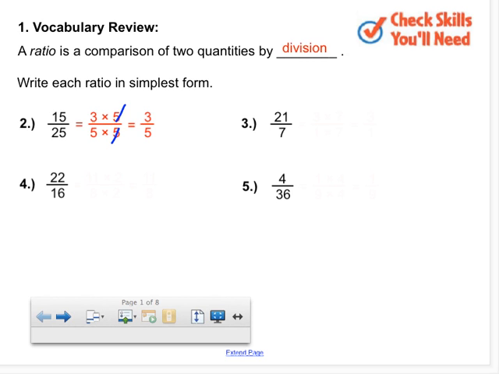Number 3. This is what a lot of you had questions about. Harrington, what do you got? It would be 3 to 1. Right? And how'd you get 3 to 1?